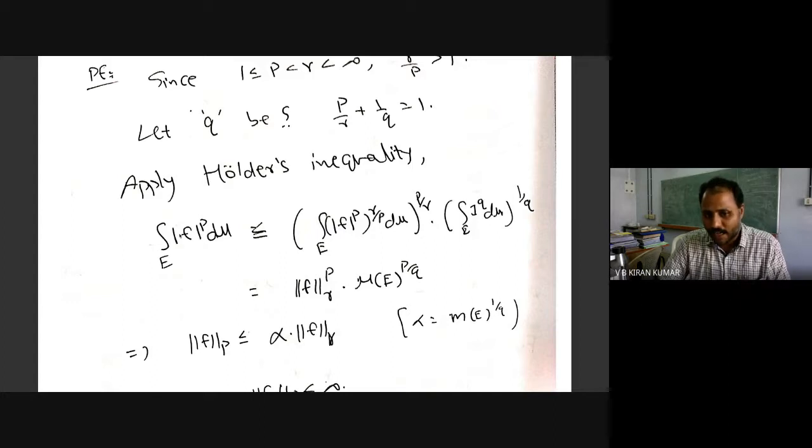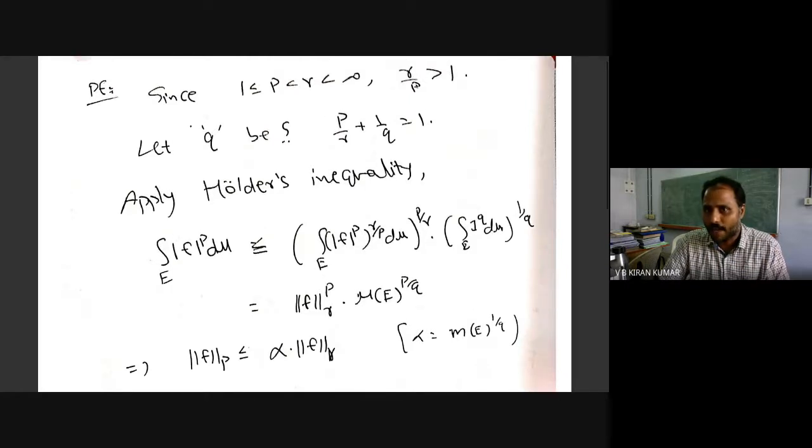So it is just like mod fg, but instead of f you have this power p. So we apply Hölder's inequality with p replaced by r by p. So this is the integral of mod f power r, all power p by r, and g is 1, so 1 power q, all power 1 by q. This is what you obtain by Hölder's inequality.